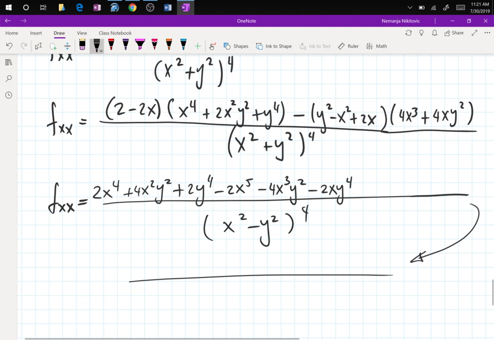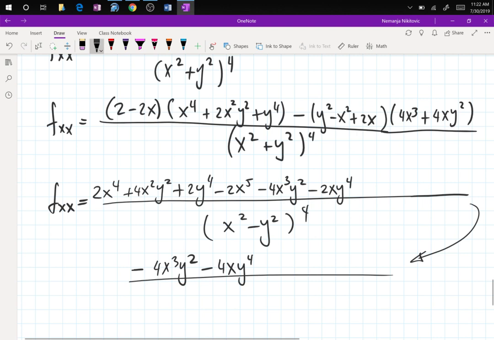I'm going to put the minus here. So what do we have? We have y squared times each one. So 4x cubed y squared plus minus, because of the minus in front, 4xy to the 4th.